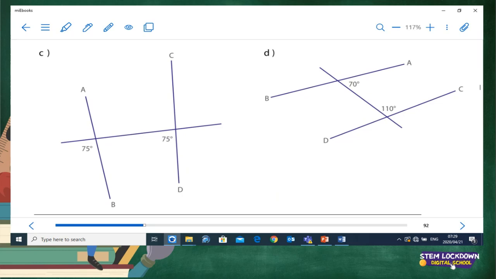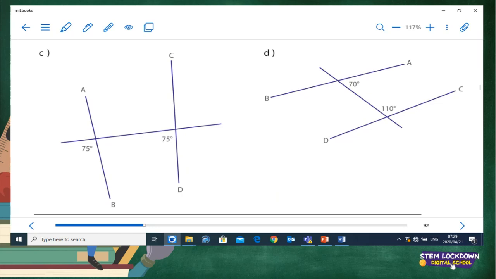Then we proceed to the next one, which is D. If you look at the point D there, you've got a set of supplementary angles. How do you know they are supplementary? The sum of supplementary angles is 180 degrees.